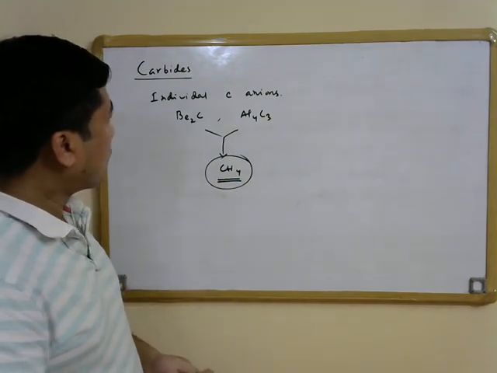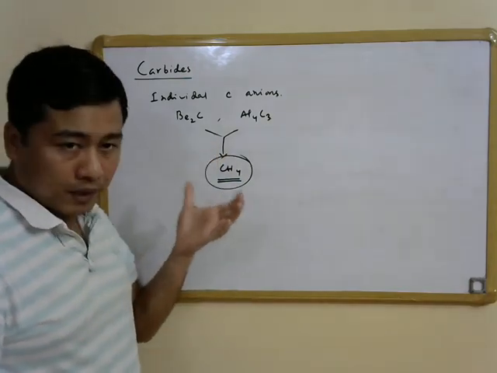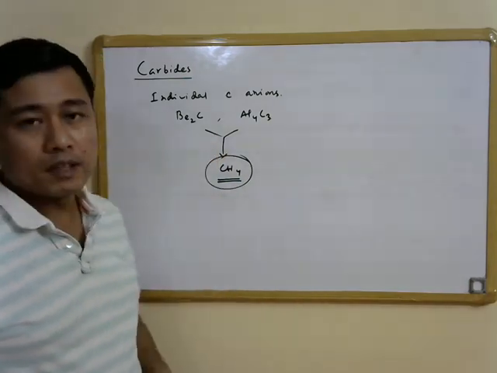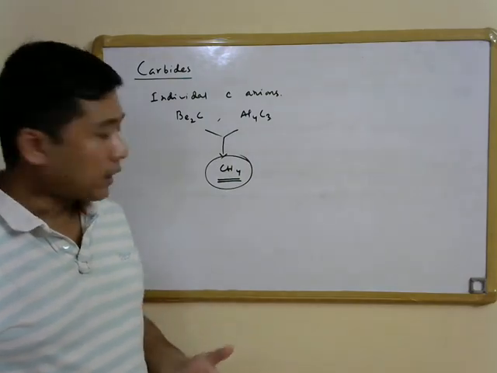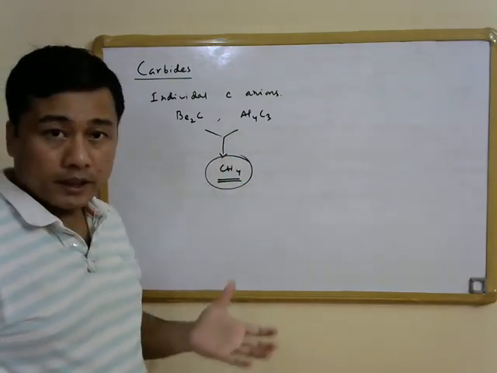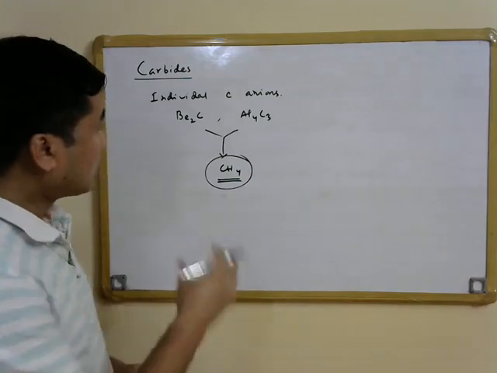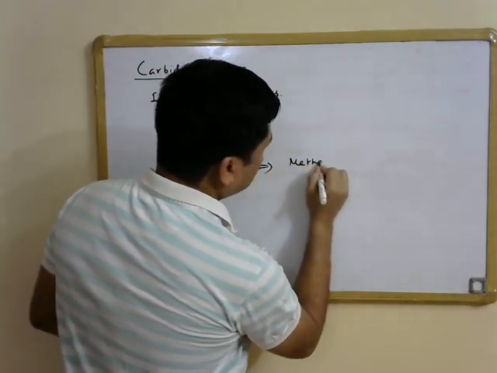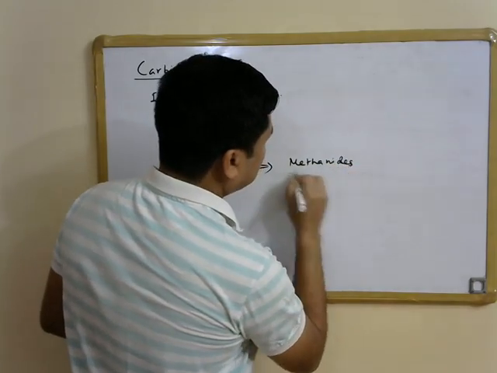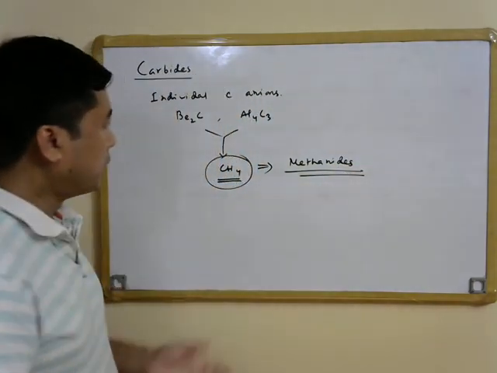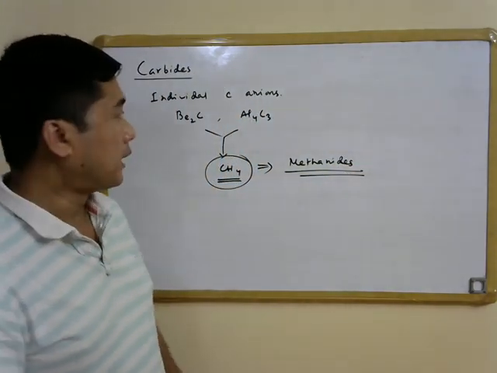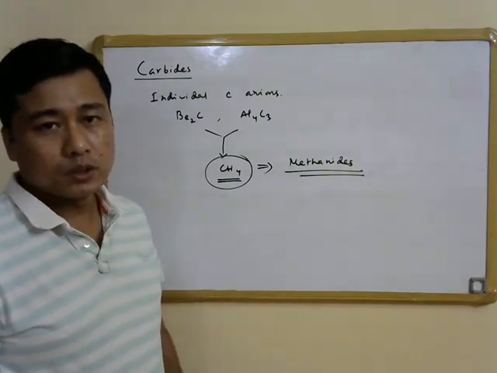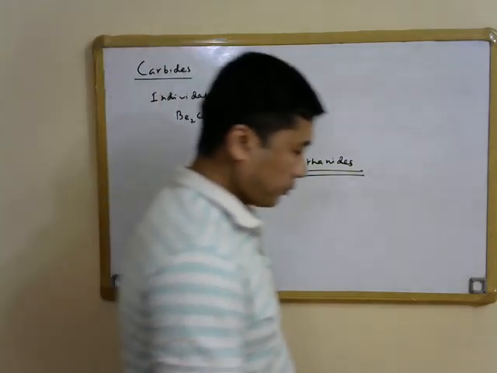Because these carbides, which contain individual carbon anions, hydrolyze to give methane, they are also called methanides.